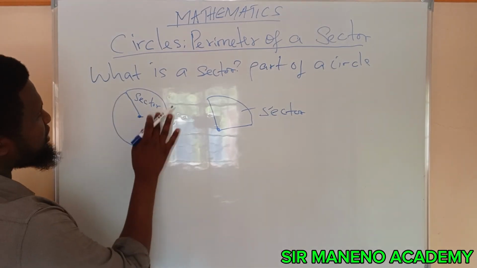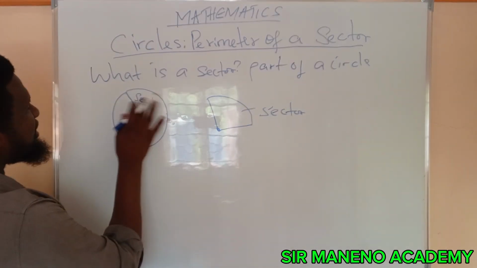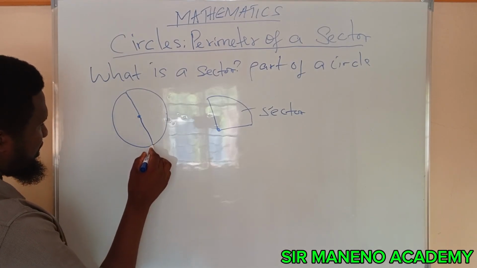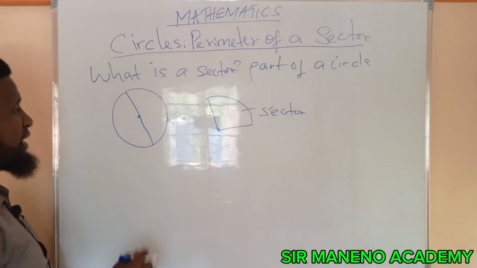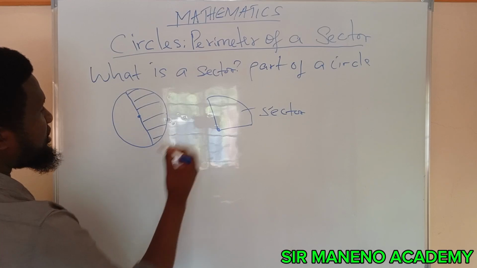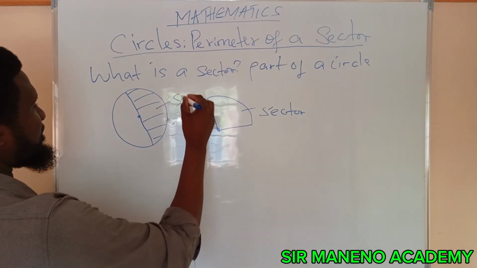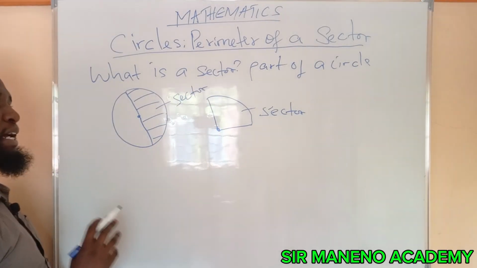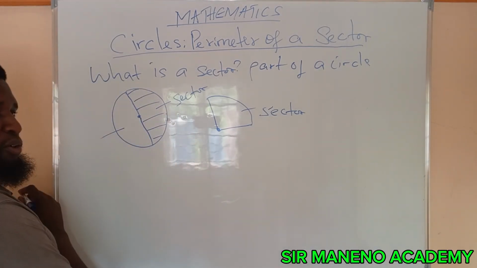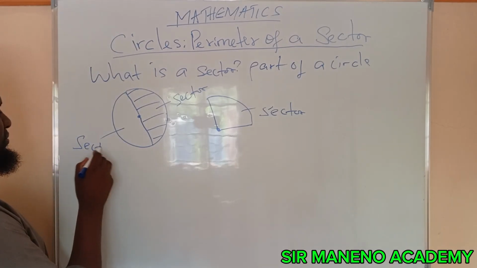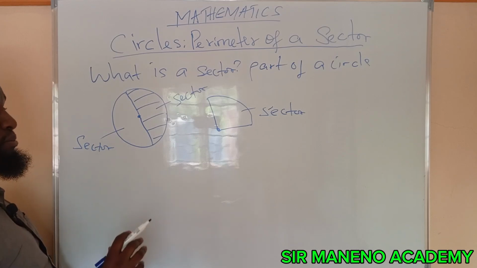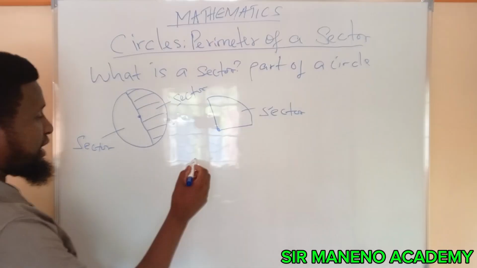If I had one radius and another radius in line, I would have made a diameter, so this part here will also form a sector. Are we together? I believe you are seeing what a sector is.